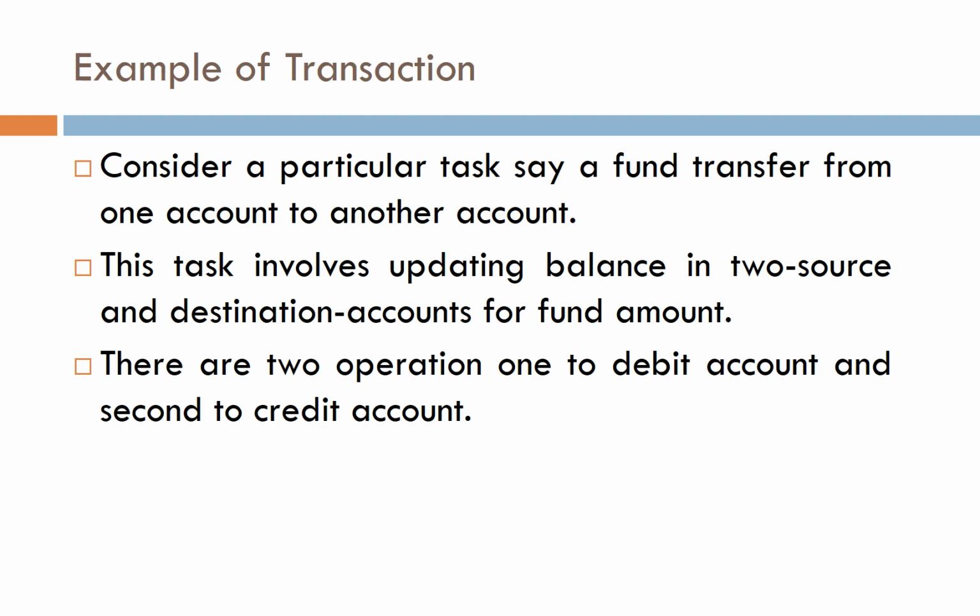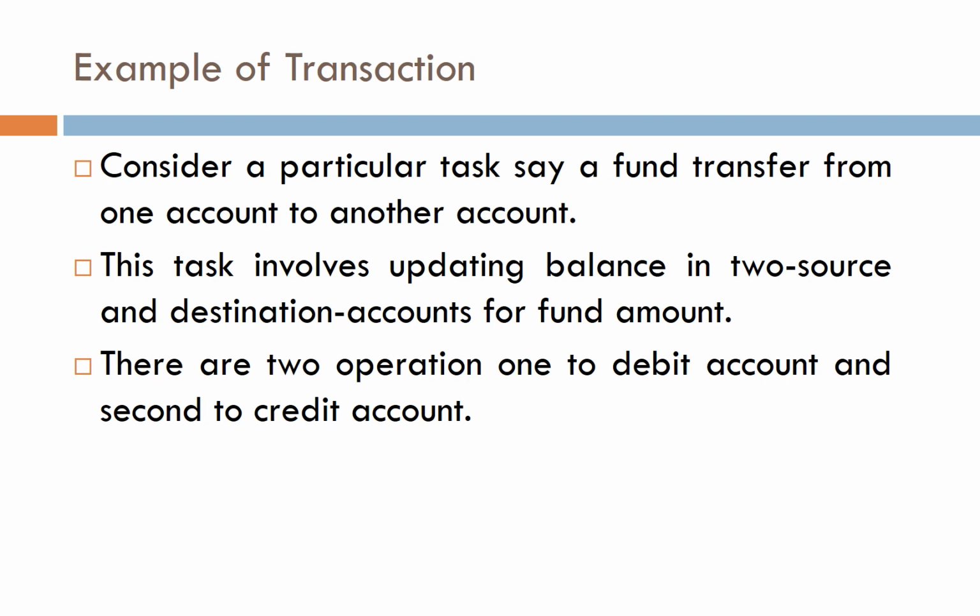Let's see the example of a transaction. Consider a particular task, say a fund transfer from one account to another account. Consider the situation where we have two accounts and we want to move some amount of rupees from one account to another. This task involves updating the balance in two source and destination accounts for one amount.